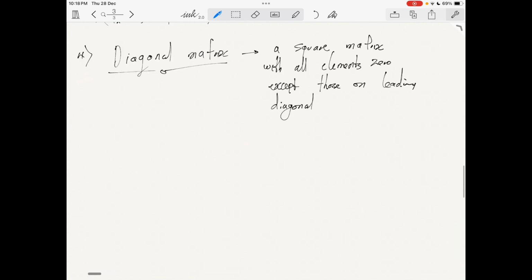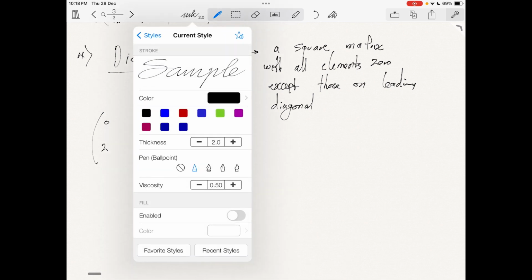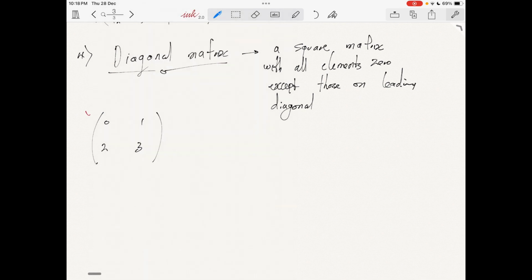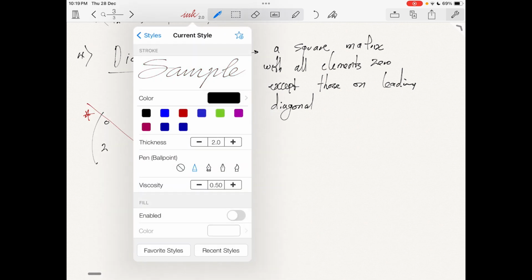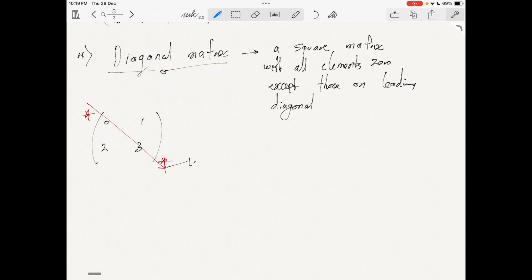Let's take, for instance, the 2 by 2 matrix that we had before. Now the leading diagonal starts from the top left corner to the bottom right corner. This is the leading diagonal.